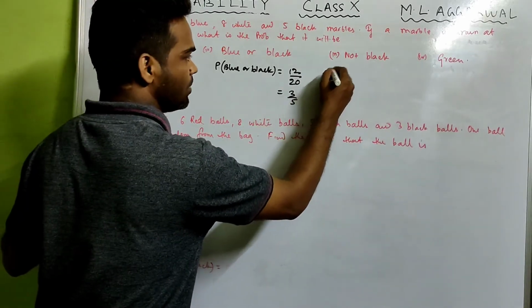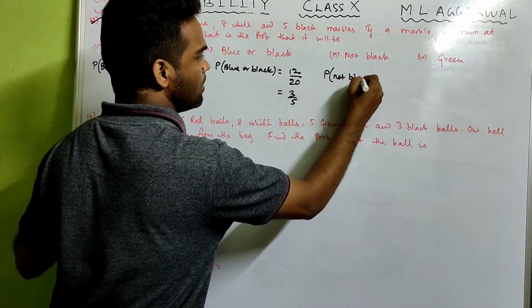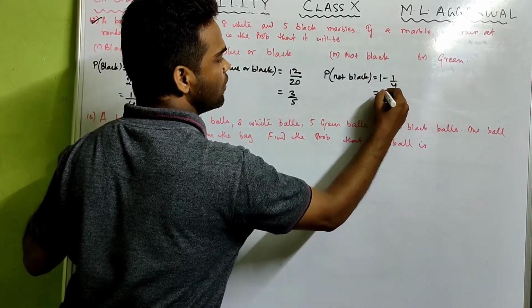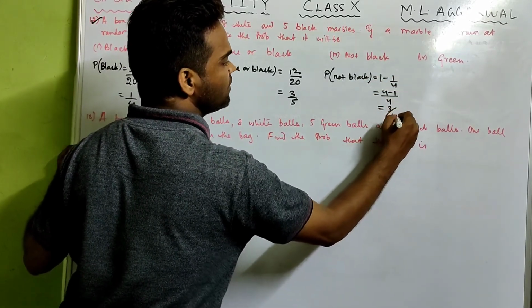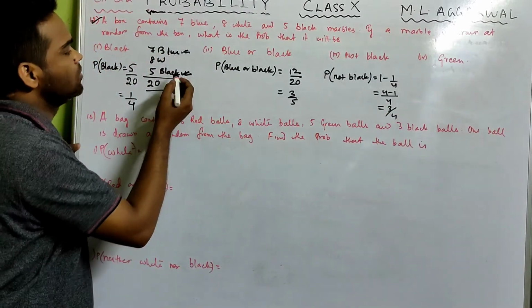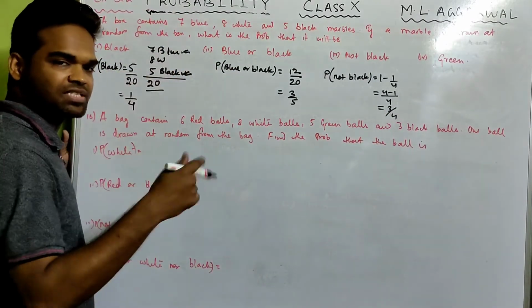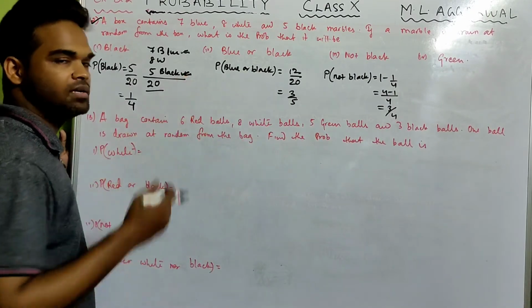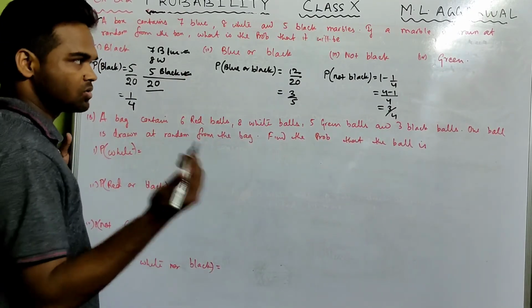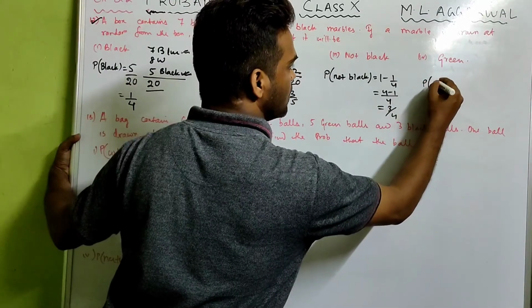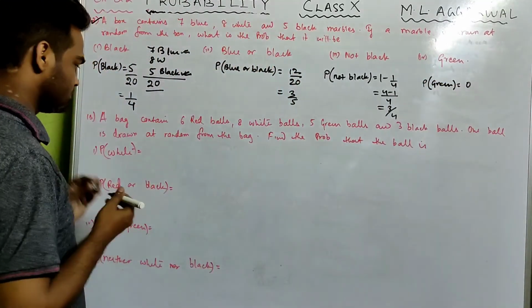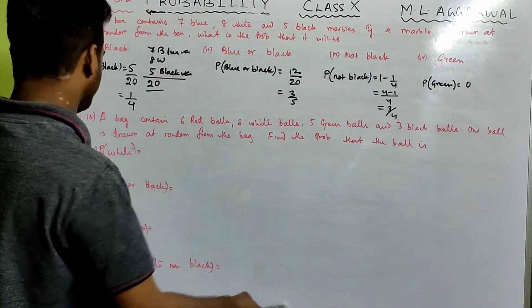So the probability of getting not black will be 1 minus 1 by 4, complementary. So 4 minus 1, that's 3 by 4. Otherwise you can do 8 plus 7, that's 15 by 20. Same result you will get. Green. Now there isn't any green ball, so the probability of getting a green ball, it's an impossible event, has to be 0. Done.